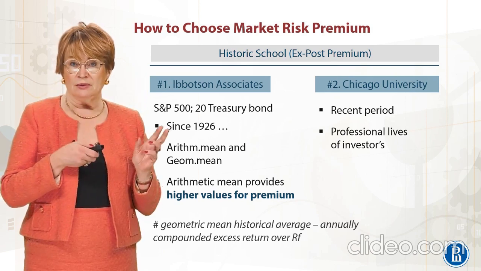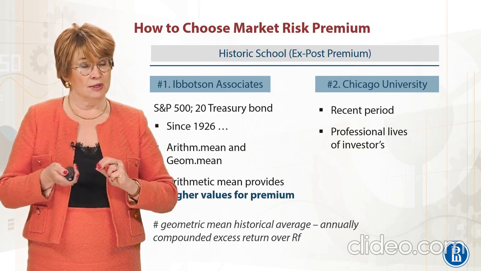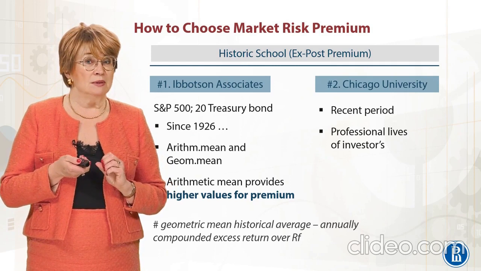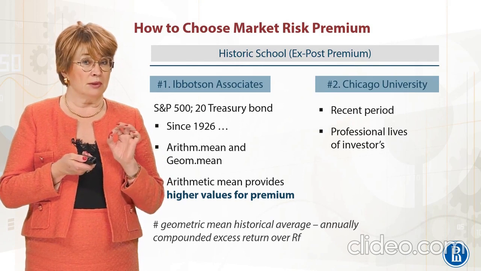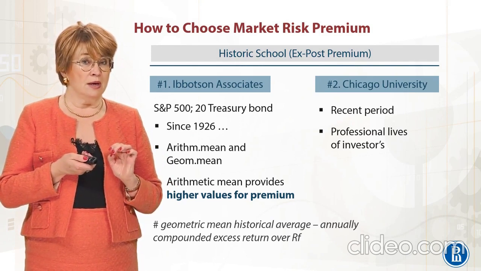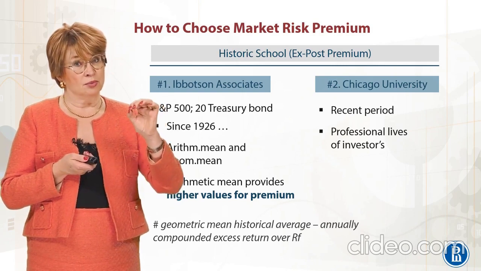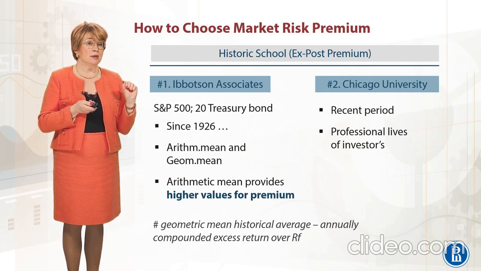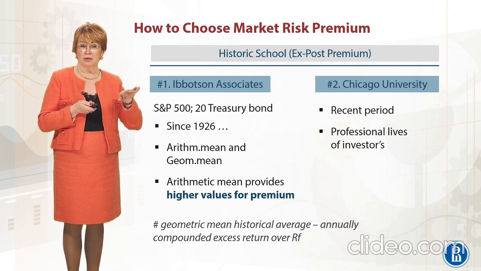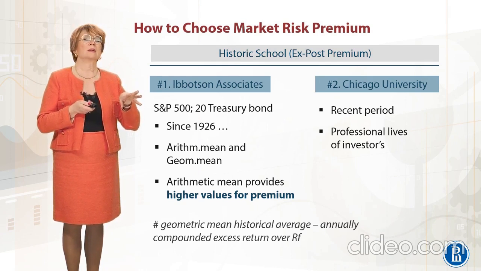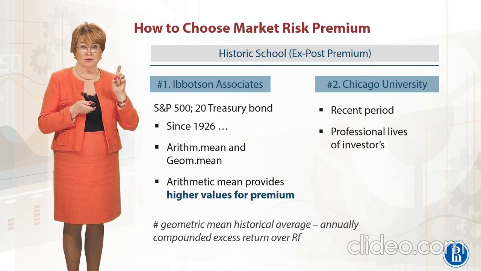What is different between Ibbotson Associates and the Chicago University analysts group? Ibbotson Associates uses the Standard & Poor's 500 market index, and they compare the rate of return on the Standard & Poor's 500 to the treasury bond with a maturity of 20 years. But what is really remarkable, they observe the excess market rate of return over the 20-year treasury bond risk-free asset since 1926.